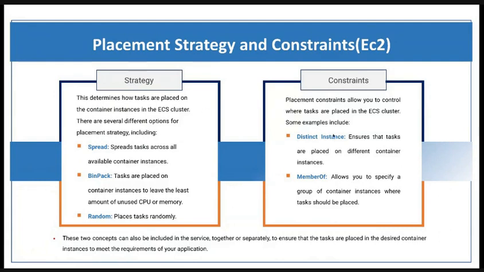But in case you have something like distinct instance, you will not have more than five tasks running, because your infrastructure only has five EC2 instances. This is something that's always ensured. If for some reason ECS is not able to ensure that, it will not boot up a task.